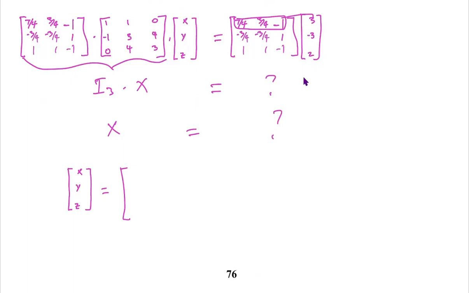So we would have three times the whole thing. So that's 21 over 4 plus 9 over 4 minus 3. And then we would do the same thing with the second row. So that's going to be this.